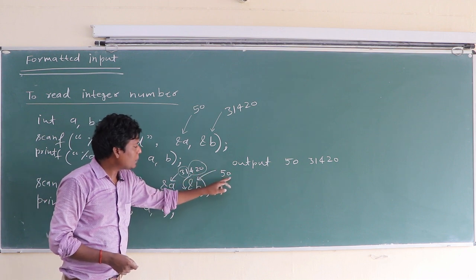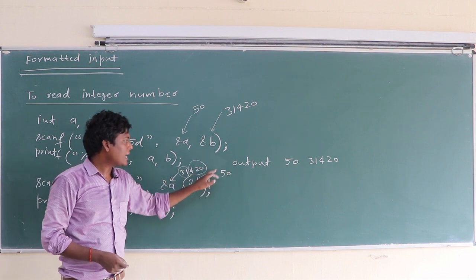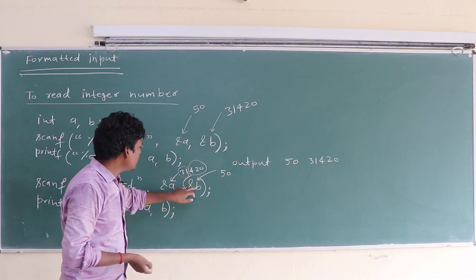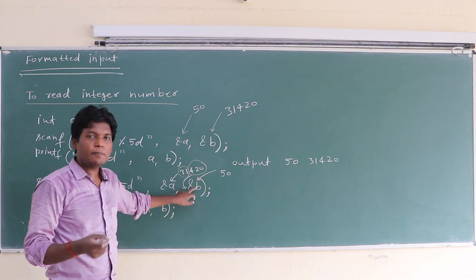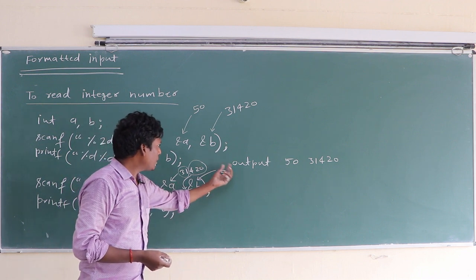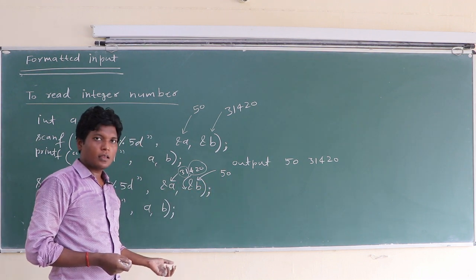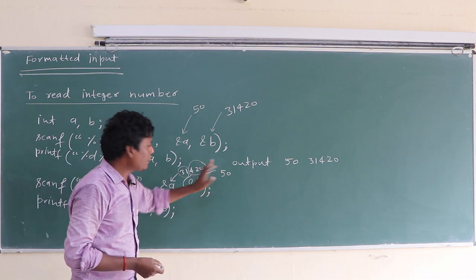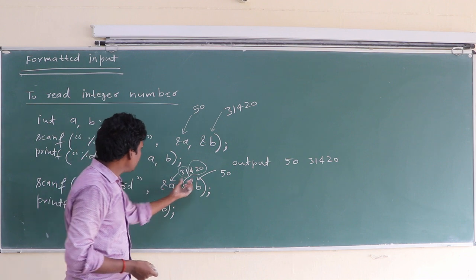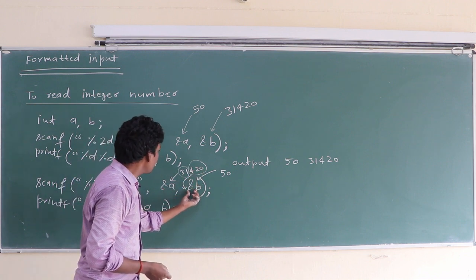And 50 comes late. You may say there is remaining space and 50 can be accommodated. No, it will not take the 50.